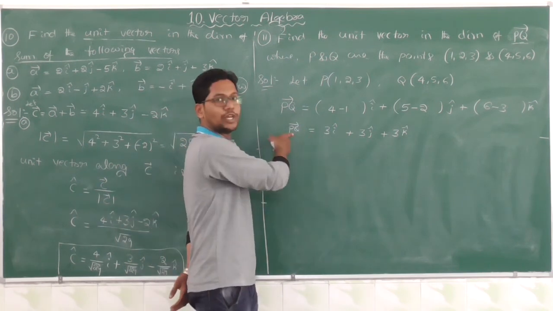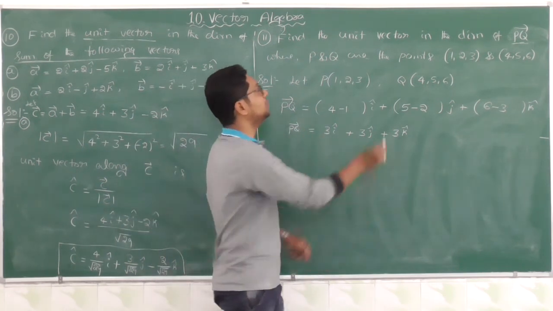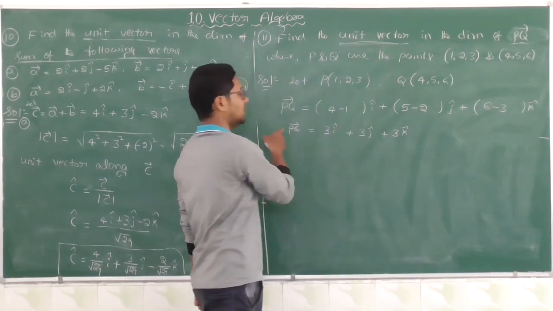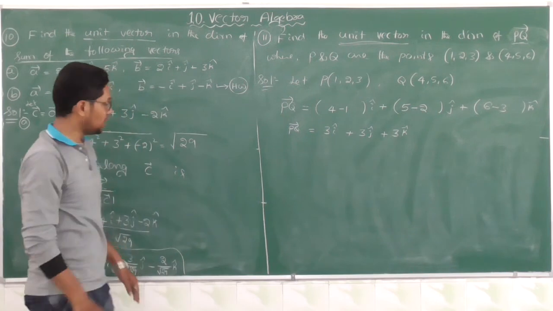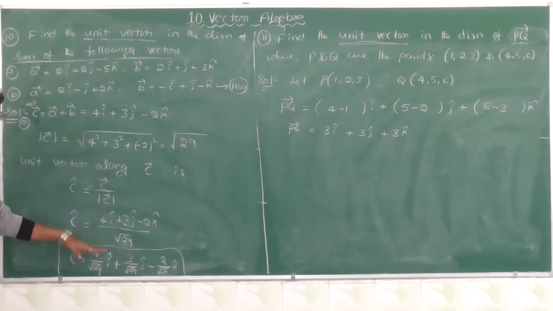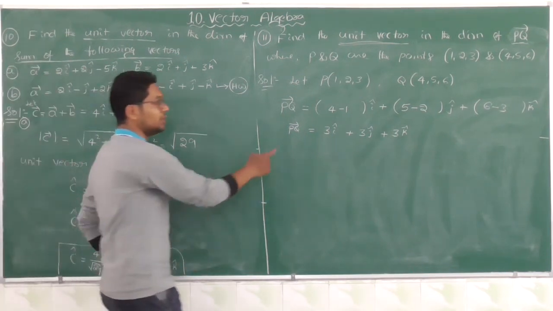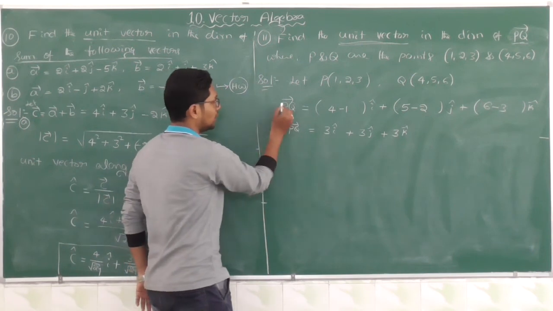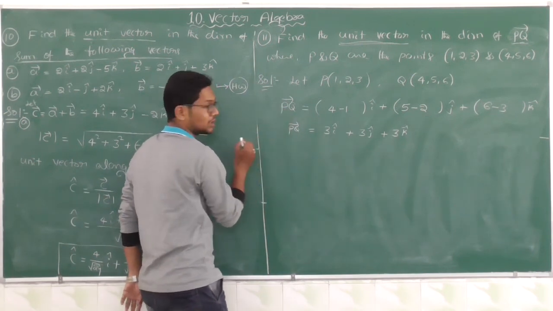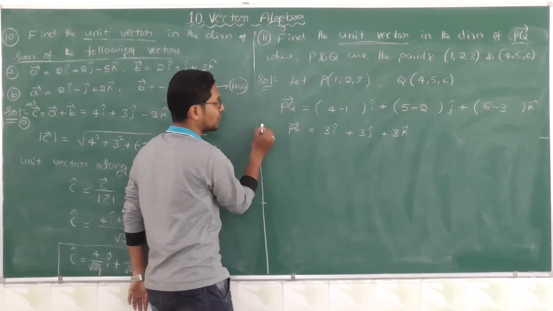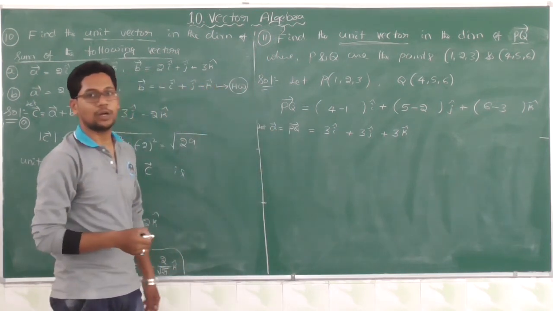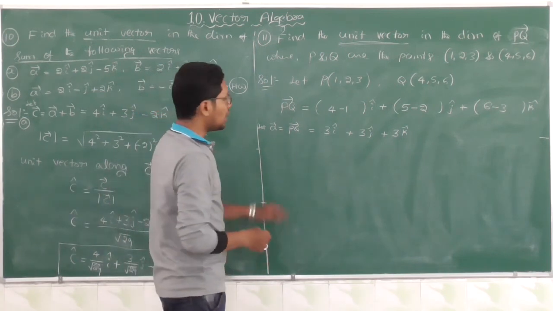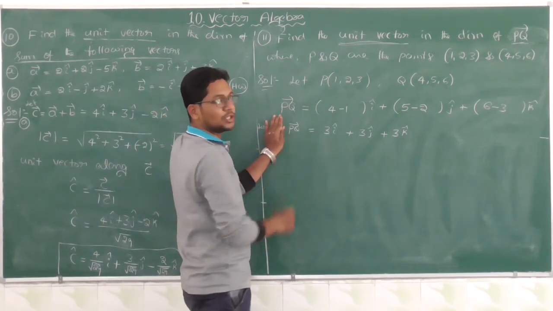For this PQ vector, we have to find the unit vector. It is the procedure to find a unit vector. If you get confused, you can take this PQ vector as A vector. Let A vector equal this PQ vector.